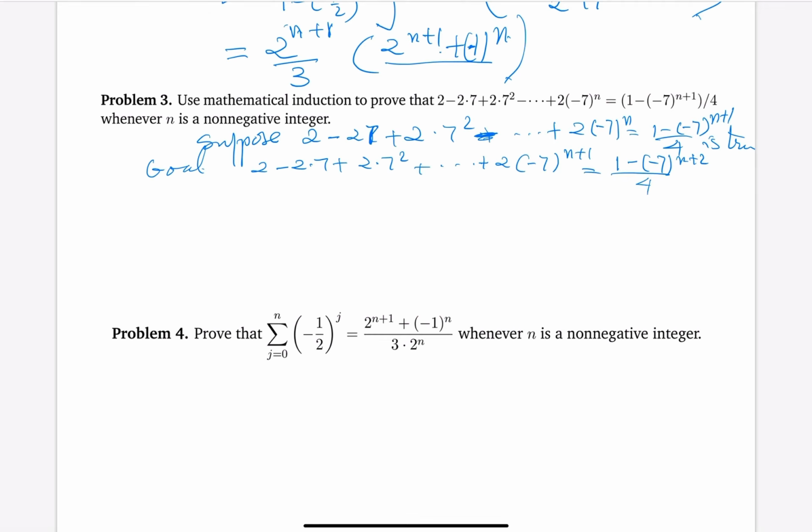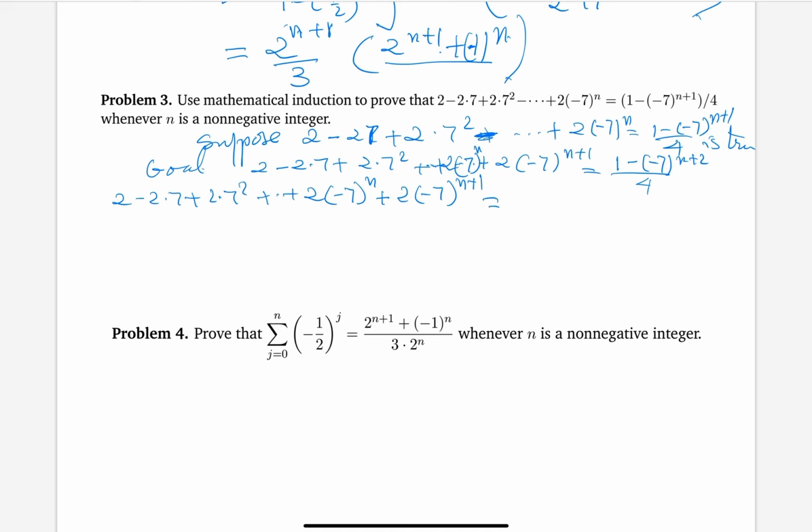So now you know here, before the expression, we have 2. Here is that, 2 minus 7 to the n. Okay, now from here, 2 minus 2 times 7 plus 2 times 7 squared, and you keep going, you have 2 minus 7 to the n, plus 2 times negative 7 to the n plus 1.